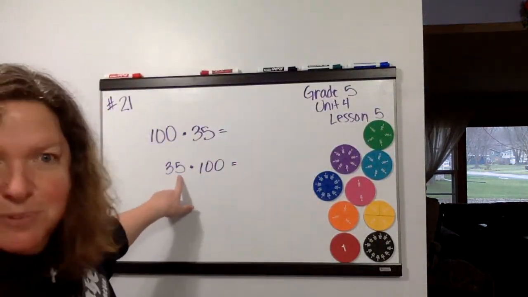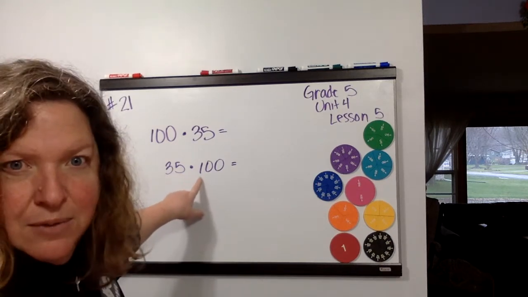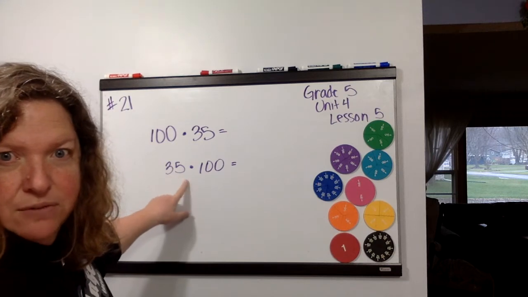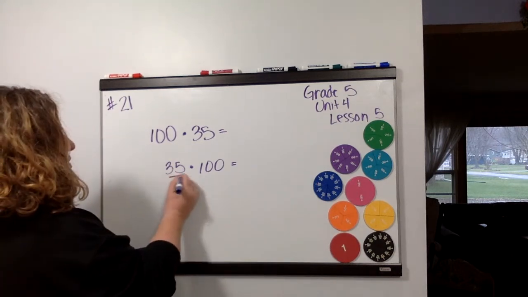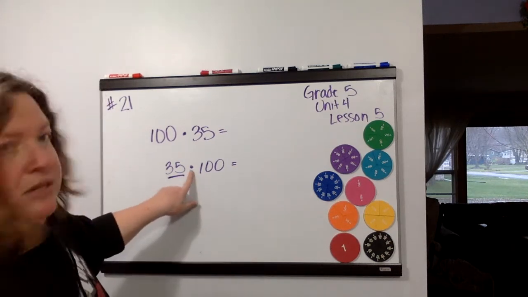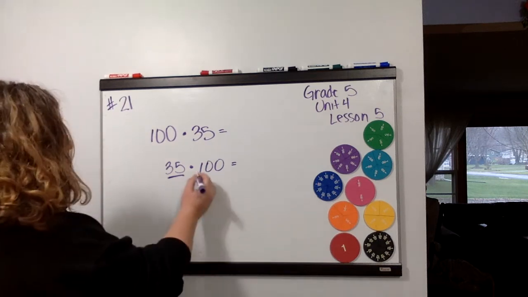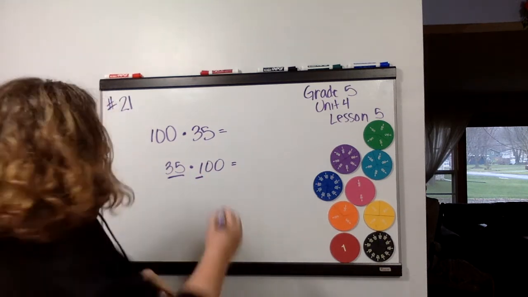Well, this problem is pretty easy for us to solve because we know the zero trick. So every week he read 100 pages. So 35 groups of 100. We're going to multiply the numbers that aren't zeros, 35 times 1. Hopefully you know anything times 1 is always itself.